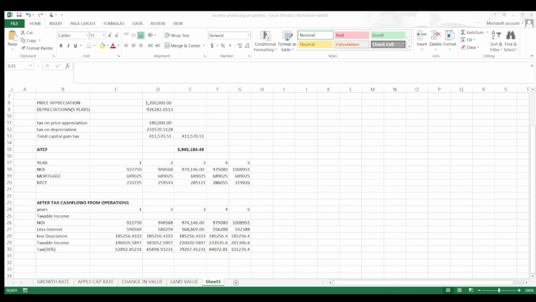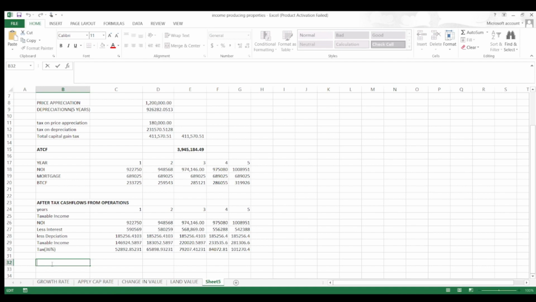Now with this information, we can calculate the after-tax cash flow from operations. The way we do this, we need to note first the before-tax cash flow from operations less the after-tax cash flows.